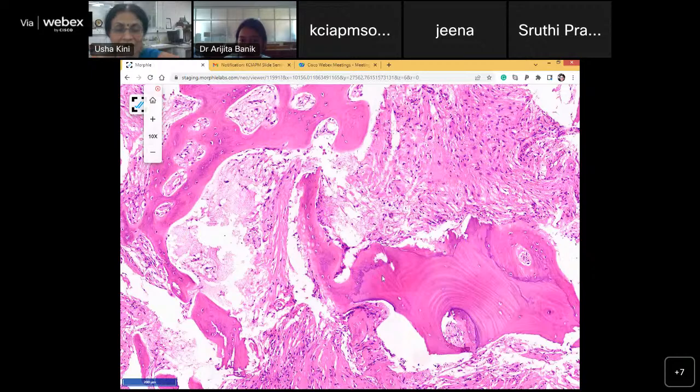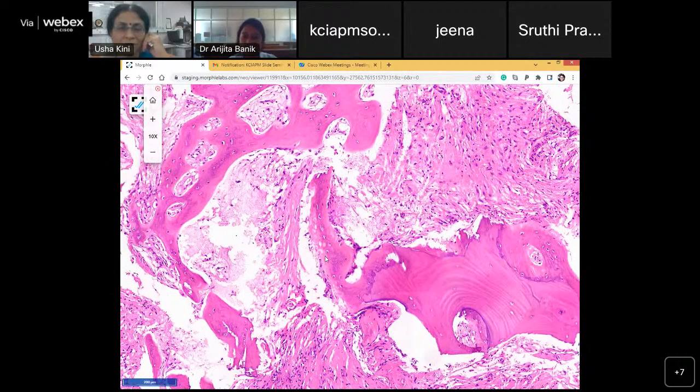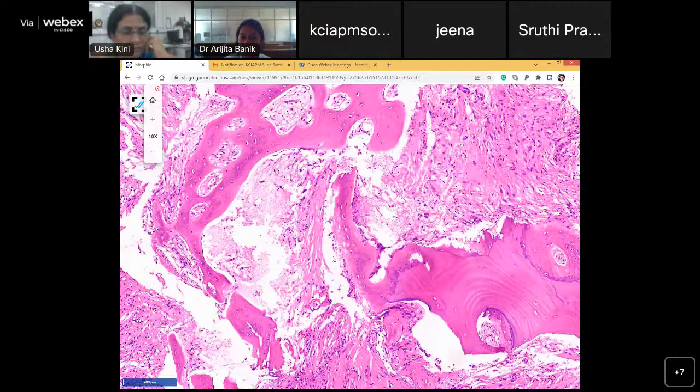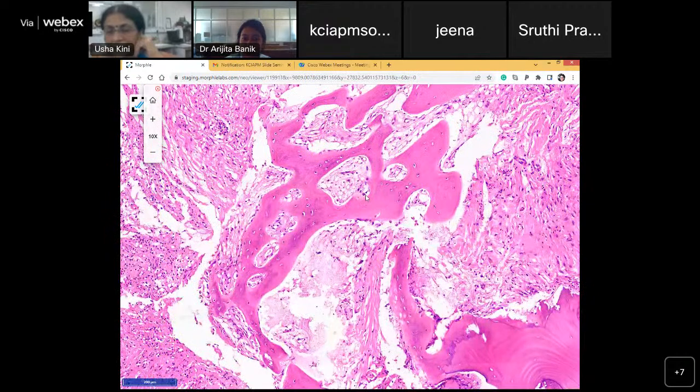You see the junction, so it is maturing to form the woven bone. So you think in this gentleman who is an elderly male, should you get a woven bone? Okay, no. So this is lamellar bone, right? This is mature lamellar bone. And in between, what you have is loose adipose tissue, which doesn't bother you much, right?